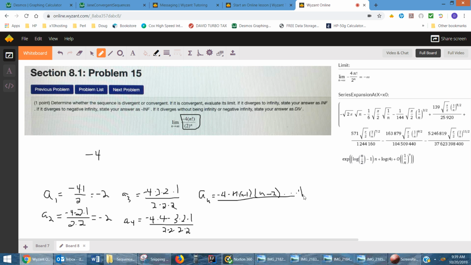And in the denominator, I'm going to have n factors of 2.